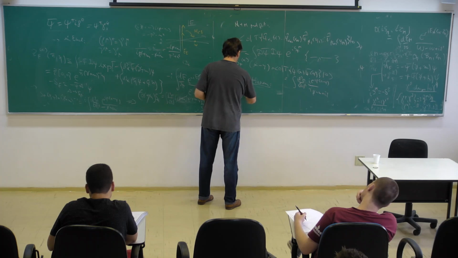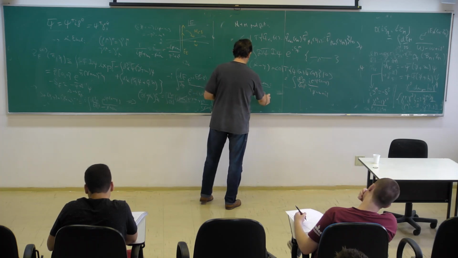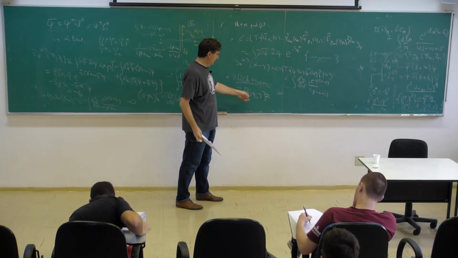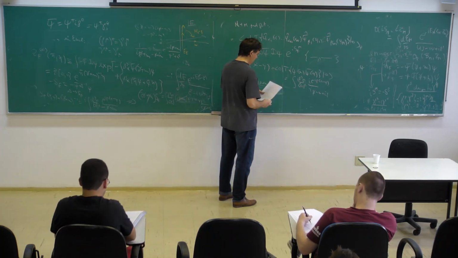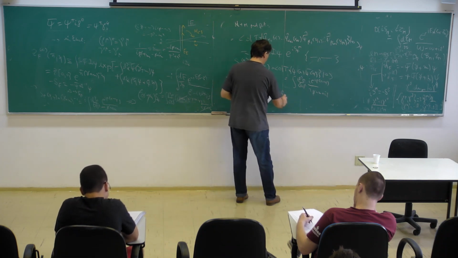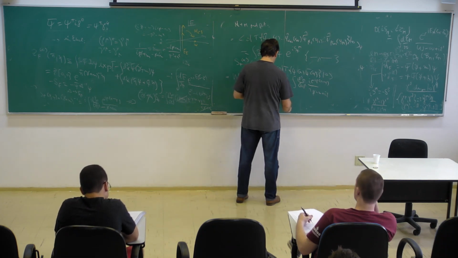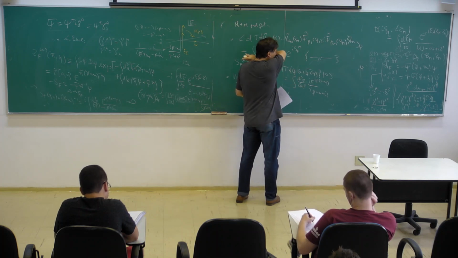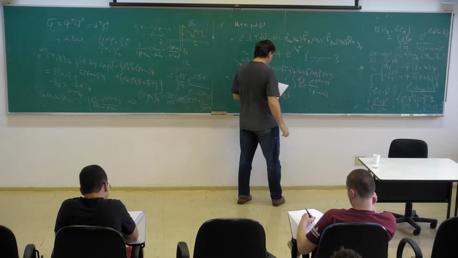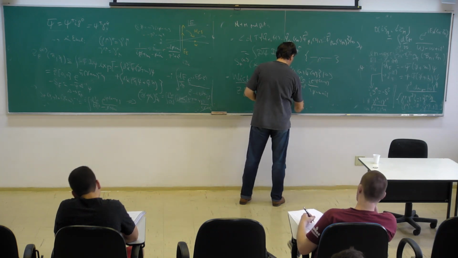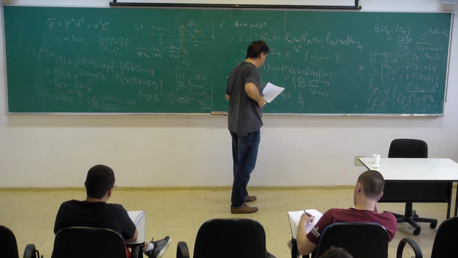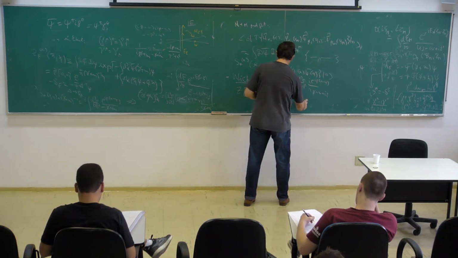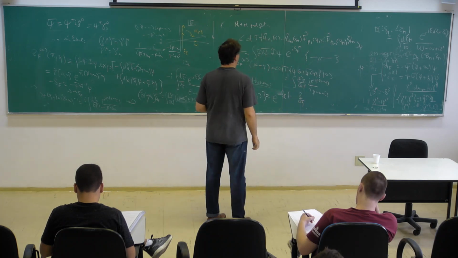So if I have a path integral with both fermions and bosons, fermionic sources and bosonic source, I write e to the minus i S interaction of delta over delta eta, delta over delta eta bar. So where did I write this?